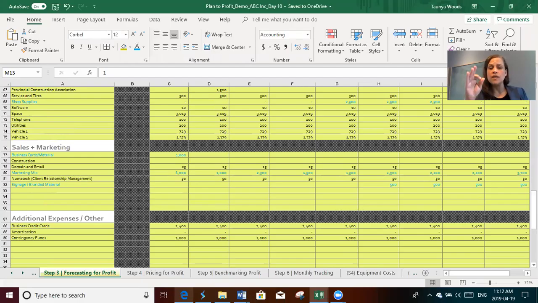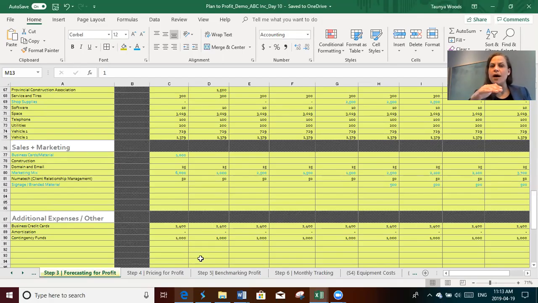The other thing I want you to think about, and this is going to be different for each one of you, is that if you are a retail business and you have to invest significantly in inventory at certain times of the year, I need you to think about adding some other expenses here as upfront costs. I know we've got some members on the line that this applies to.